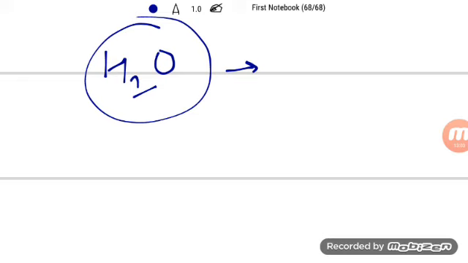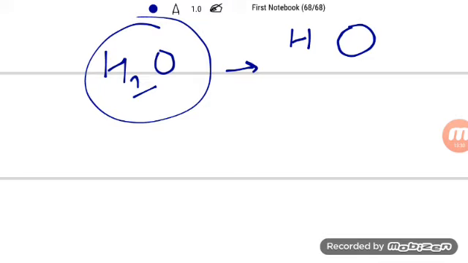In this water molecule, how many elements are present? 2. One element's name is hydrogen, another element's name is oxygen. So this is an example of a molecule of a compound. You know why it is called compound? Compound means mixture, complex. Here 2 different elements or more than 2 elements can be present.